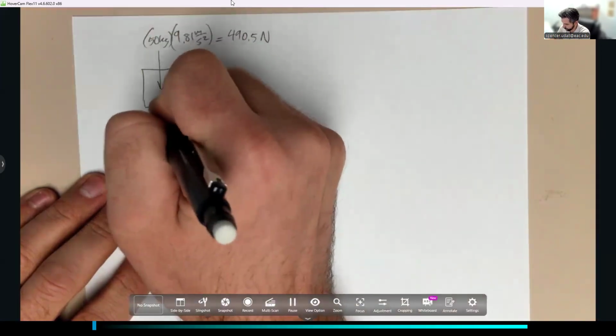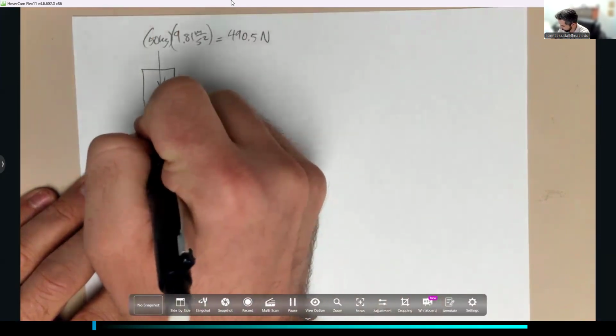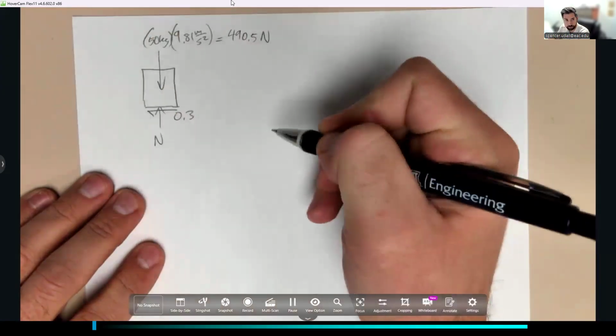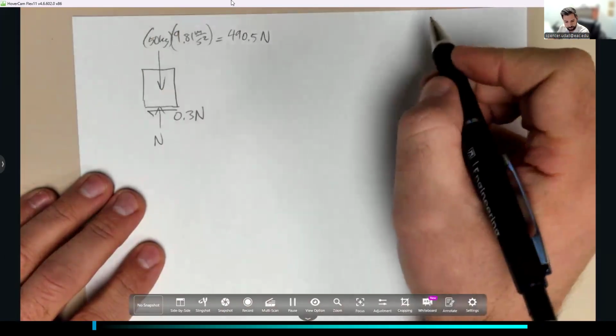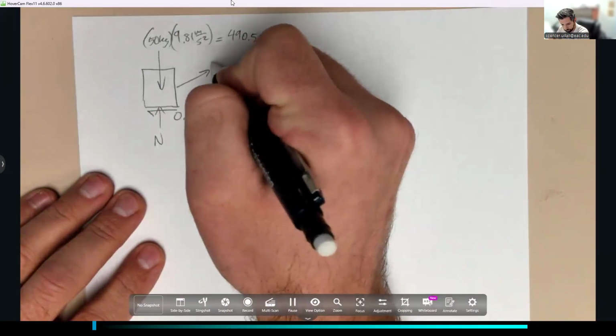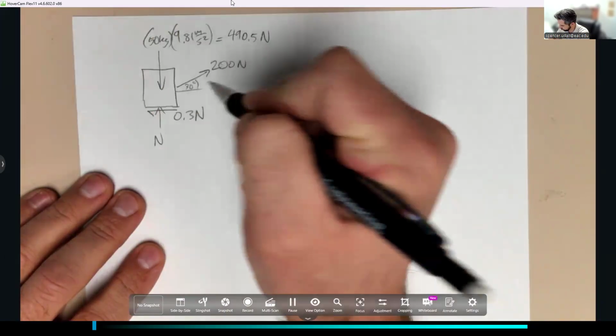We'll also have a normal force. We'll have a friction force opposing the motion, so that would be 0.3 for our coefficient of friction times the normal force. And the only other one that they gave us was this angled 200 newtons at 30 degrees from the horizontal.